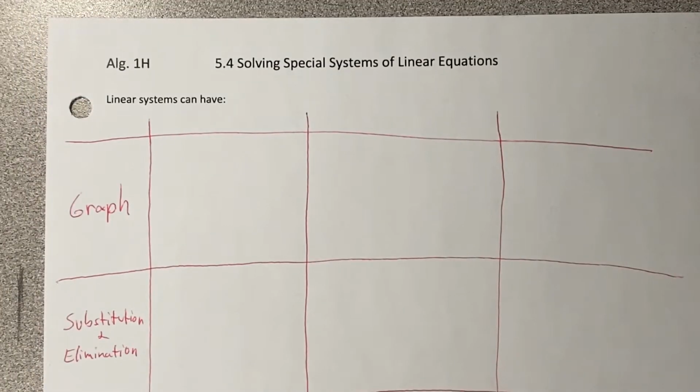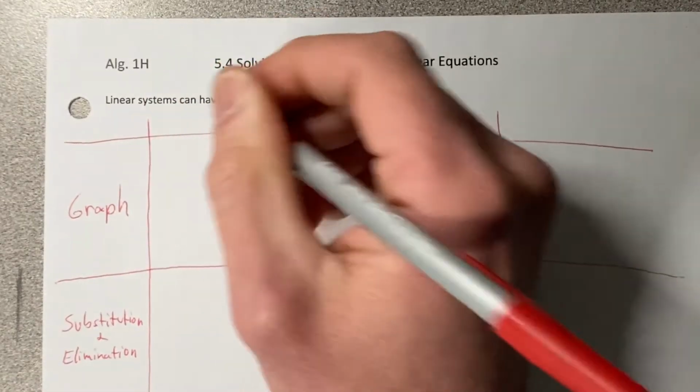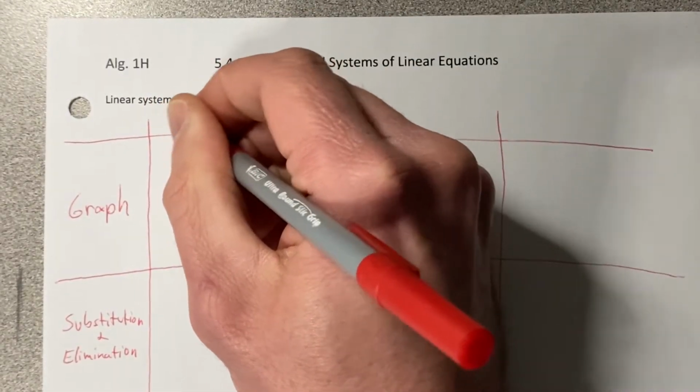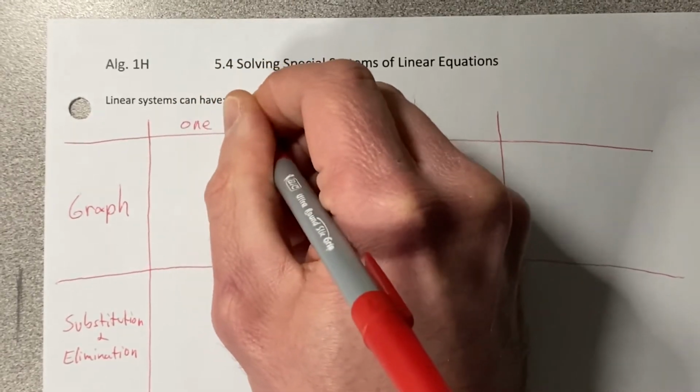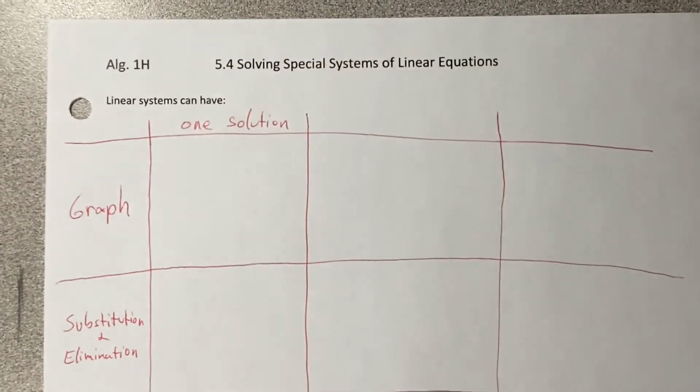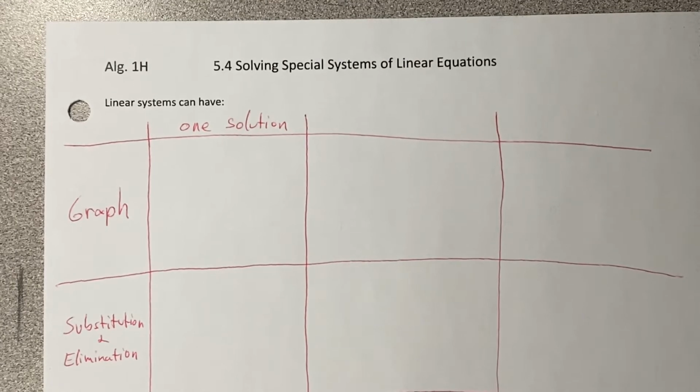There are three possibilities, or three types of solutions, that you can have with linear systems. One possibility is that it works out normal and you get one solution. Let me be clear on this: that one solution is a coordinate, an x and a y value.